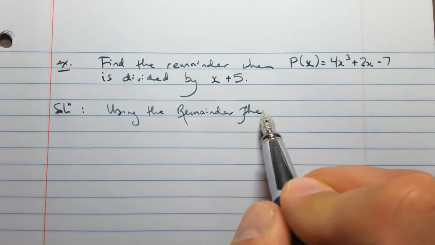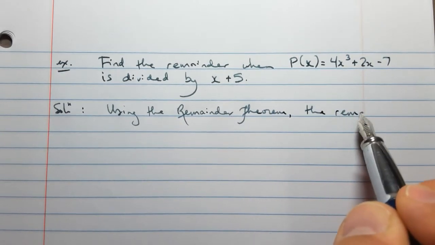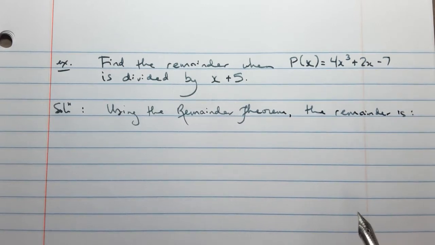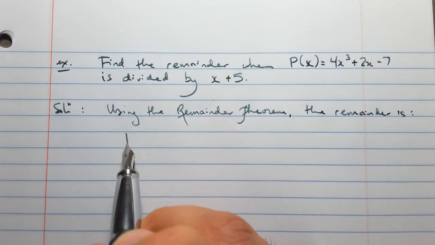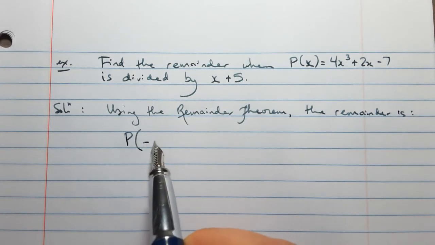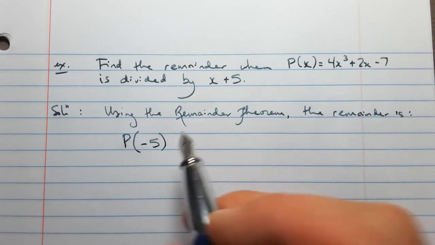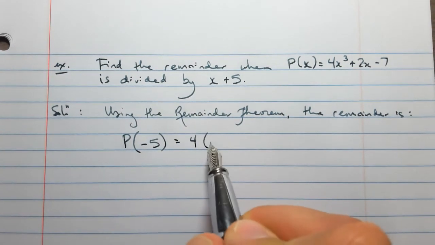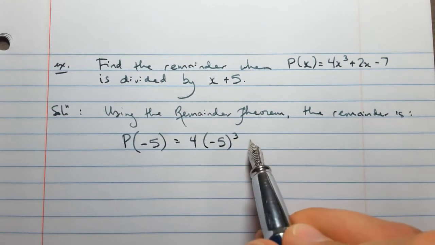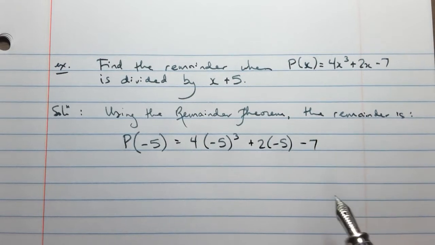So using the remainder theorem, the remainder is, and we can just do p at, now that's a plus 5, so we write negative 5 here. What's p at negative 5? Well, that's 4 times negative 5 cubed plus 2 times negative 5 minus 7.